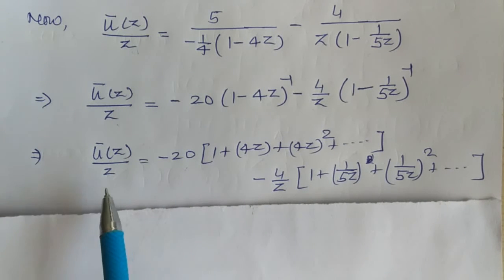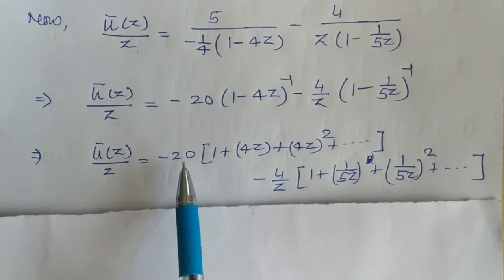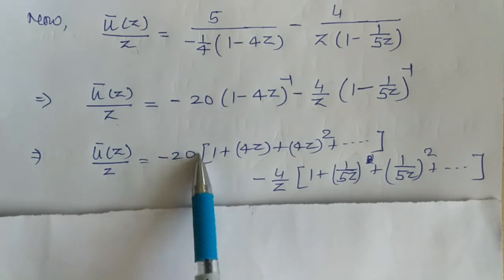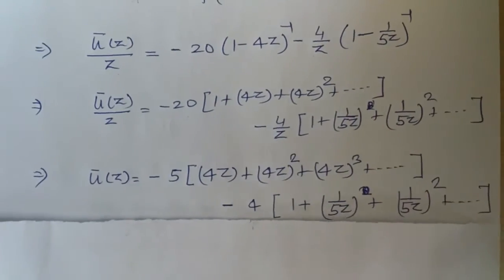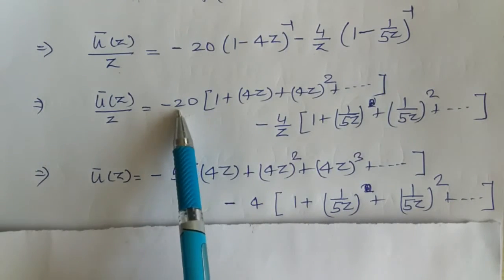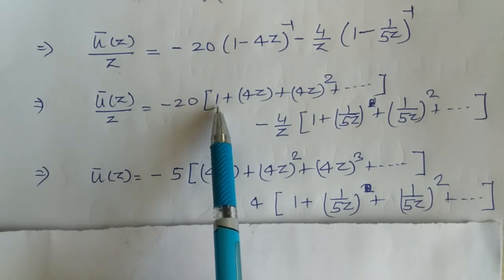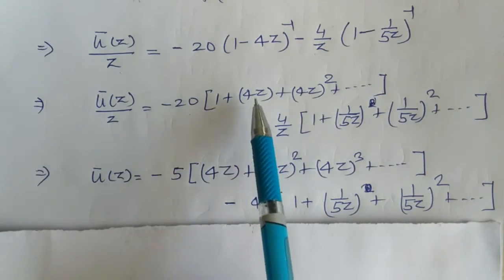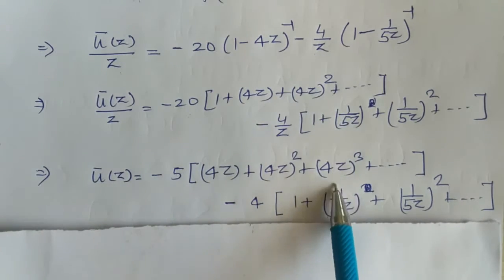Now this z we multiply on the right hand side, and 20 we write as 5 into 4. So negative 5 as it is, and 4 into z, 4z, we multiply in this series, then we get 4z plus 4z into 4z, 4z square, plus 4z into 4z square is 4z cube plus so on.